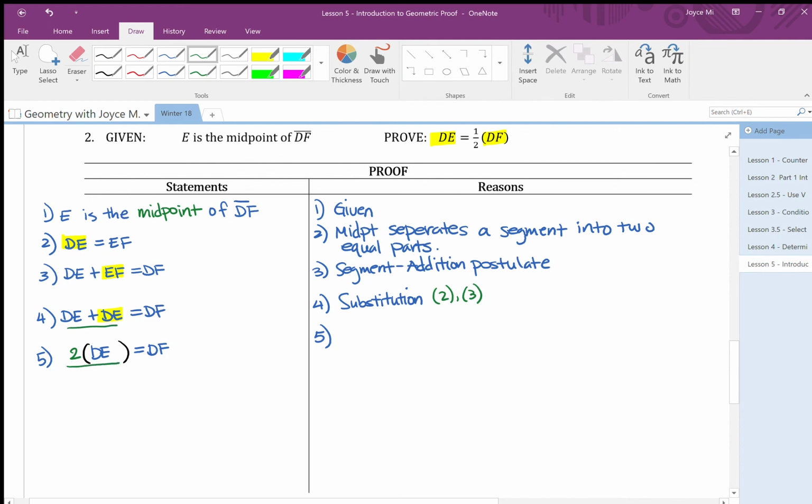I just rewrite it using a different expression. So this is called substitution because I'm replacing it with a different expression. I'm substituting it. I'm using 4 here. In algebra class, I think we learned it as combining like terms.